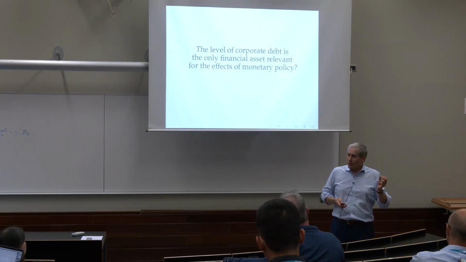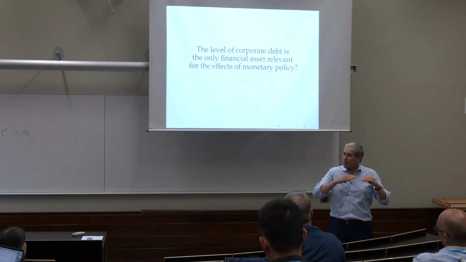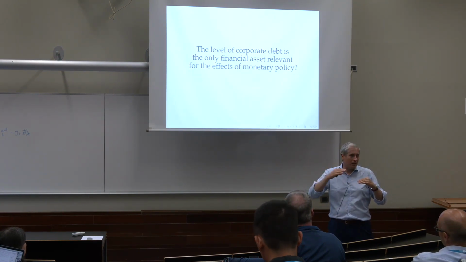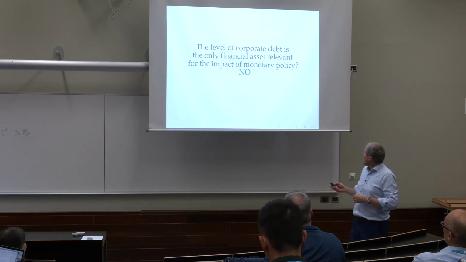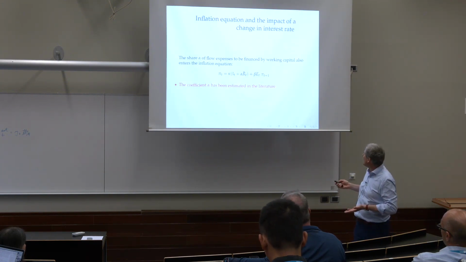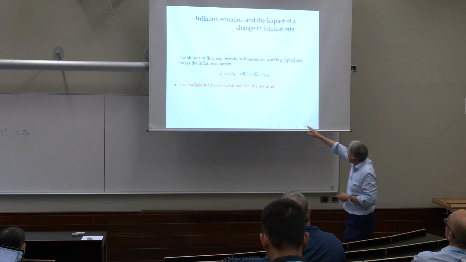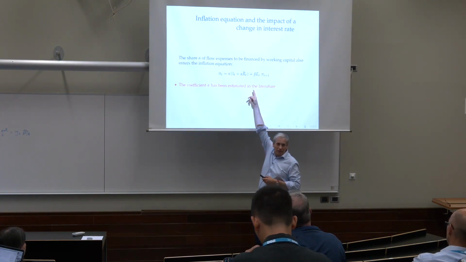level of corporate debt, very high corporate debt, going to reduce the power of high interest rate in reducing inflation? And so that's also true for the working capital, because now that alpha, you find it in the New Keynesian-Phillips curve right there.